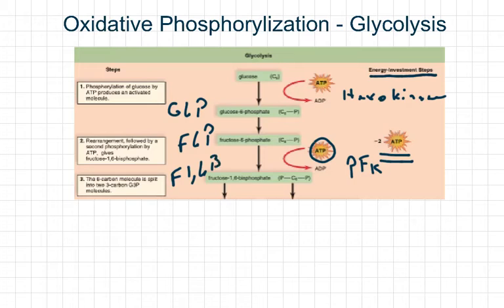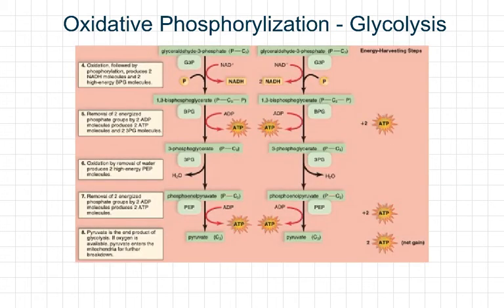Now, from there, the fructose 1,6-bisphosphate is split into 2 different molecules. And this is done via the enzyme aldolase. And this ends the energy investment steps and gets us into what we call the energy harvesting steps.